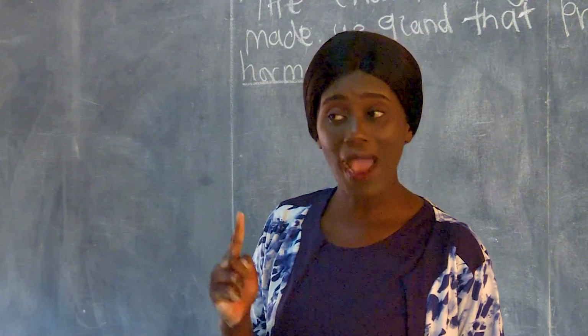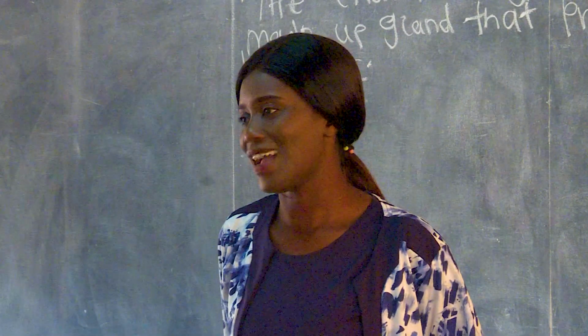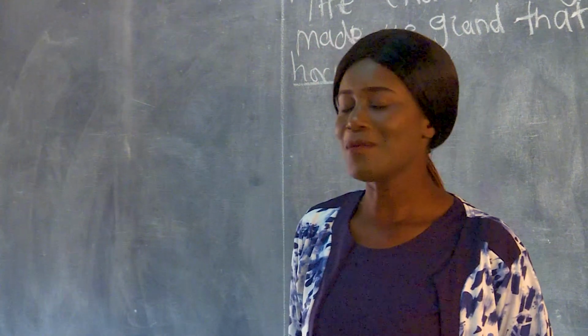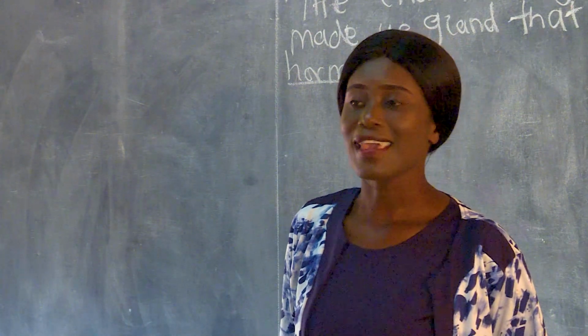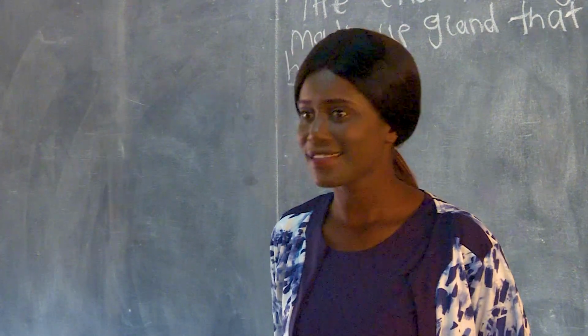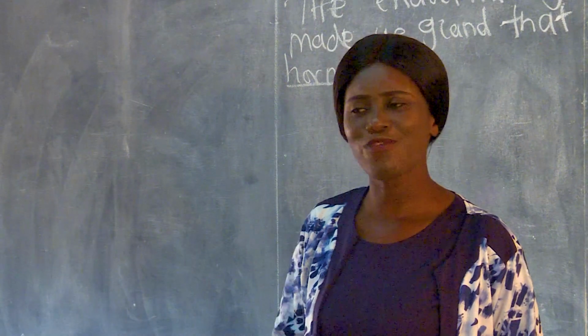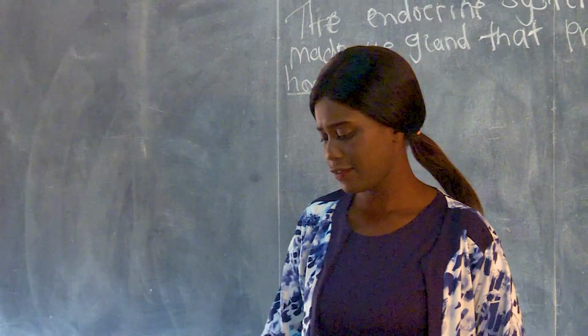They have one or two effects on target organs. The definition is known, right? So what I'm saying here is that hormones are simply chemical substances produced by glands, transported by blood. Then they have one or two effects on the target organs.